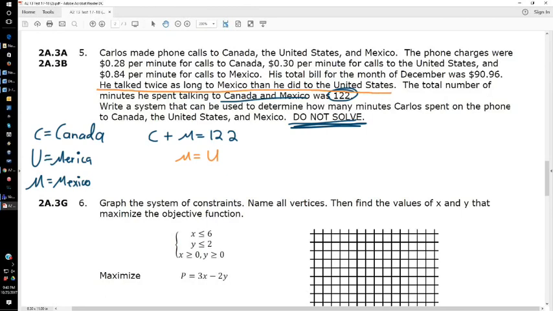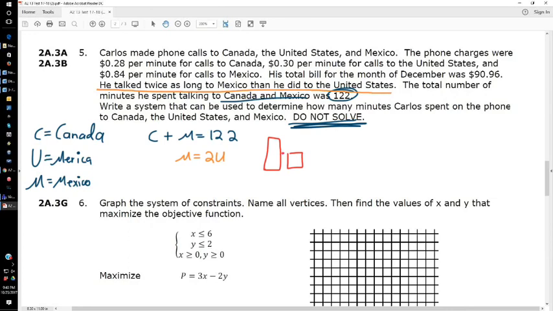Mexico is twice the size of the U.S., so in order to make them equal, I have to multiply the U.S. by 2. If that's freaking you out, think of it this way: Mexico is twice as much as the U.S.